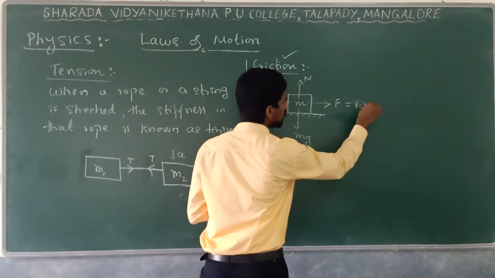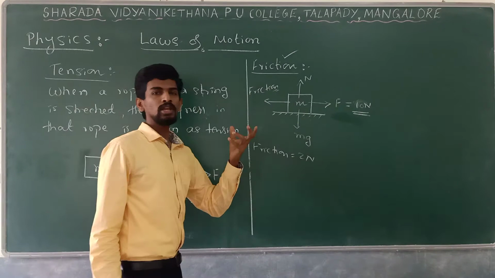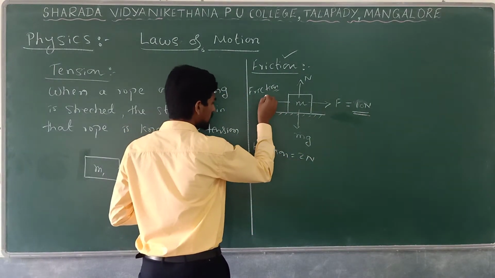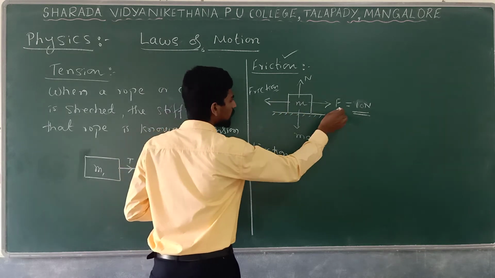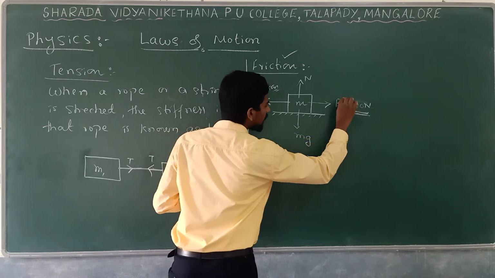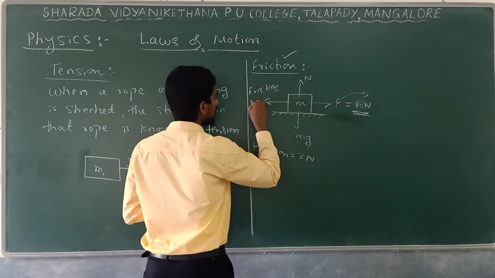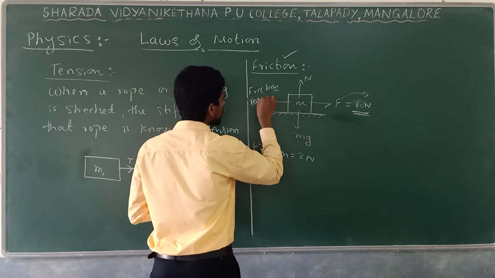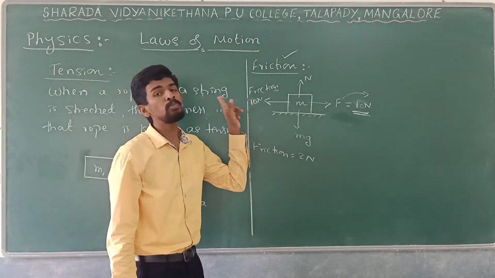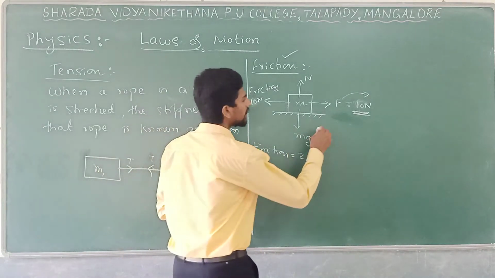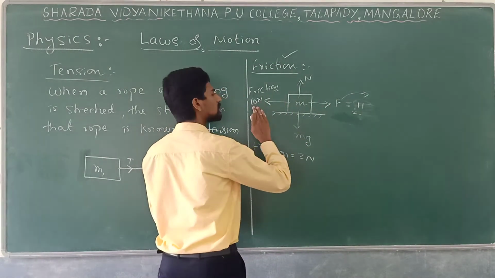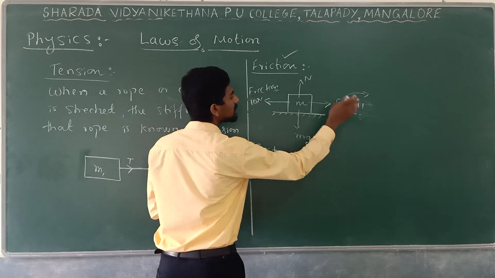For example, say the body is not moving up to 10 Newton, and after 10 it moves. Then the frictional force varies up to a maximum of 10 Newton. If you increase the force beyond 10 Newton, for example 11, friction will remain 10 only. If it is 12, friction is 10. If 13, it is 10. If the applied force is 9, friction is 9.